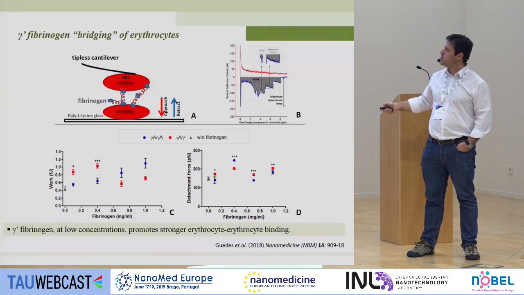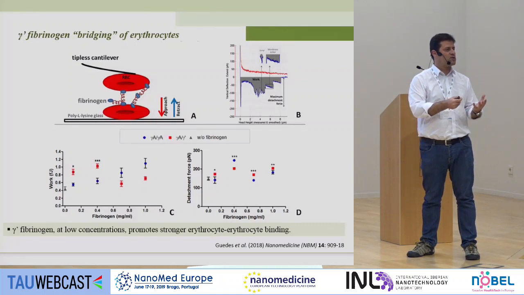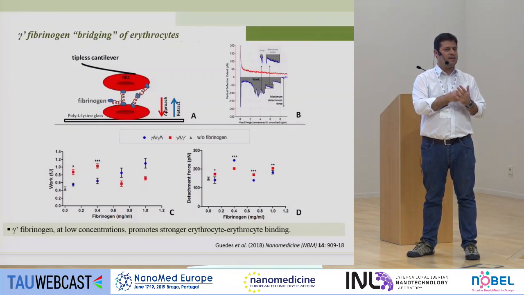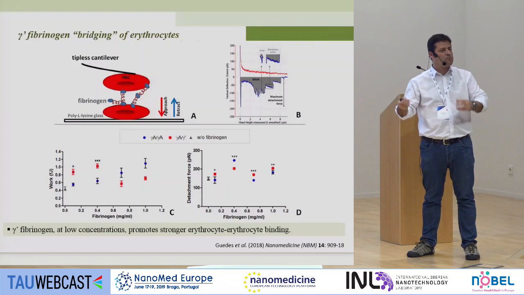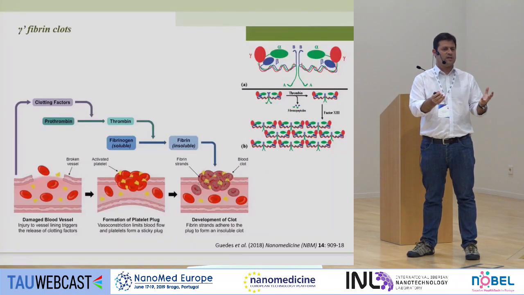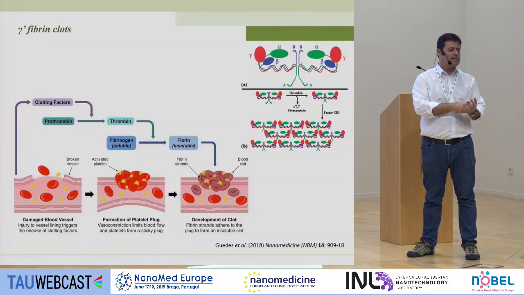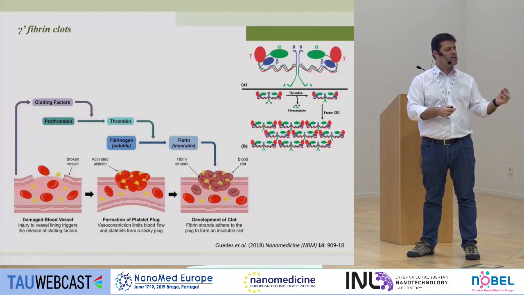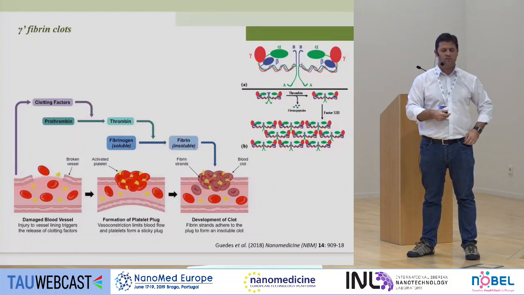In this case, we could in fact demonstrate that the different properties of this gamma prime fibrinogen, both at the level of the fibrinogen itself, but also at the level of the polymerized fibrinogen that becomes fibrin and the clots associated to this, because it's important that we have clots being formed as soon as we get a cut, but they also need to be degraded fast in order to avoid risks of thrombosis, for instance.